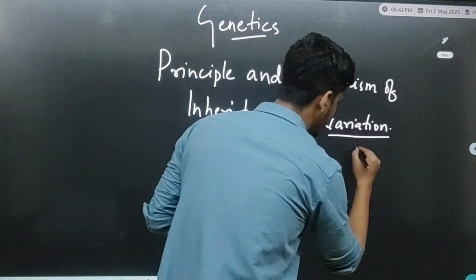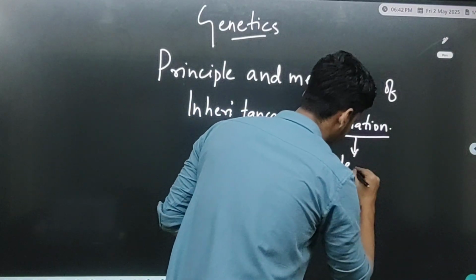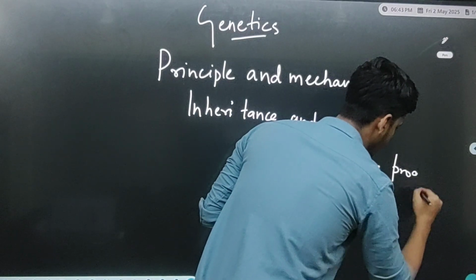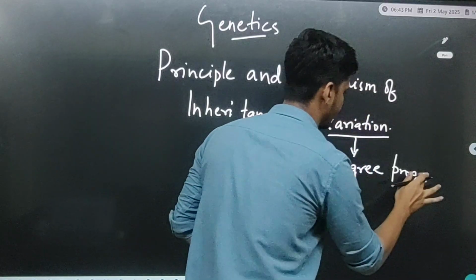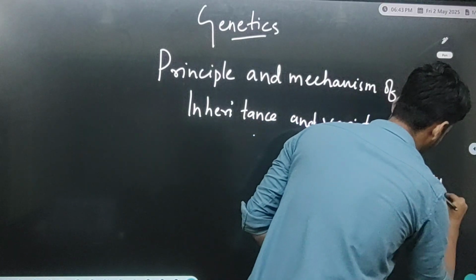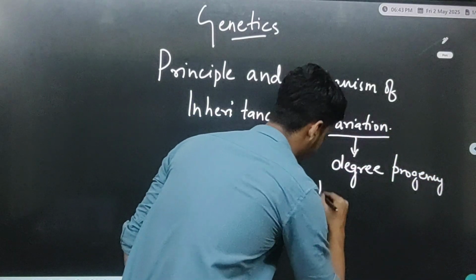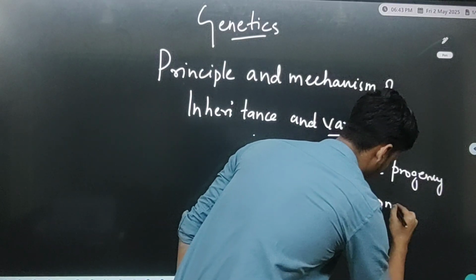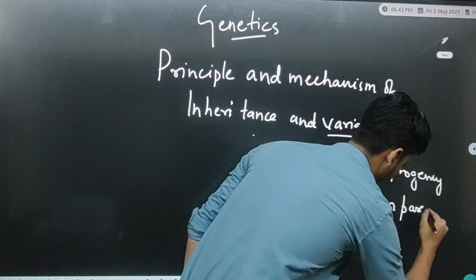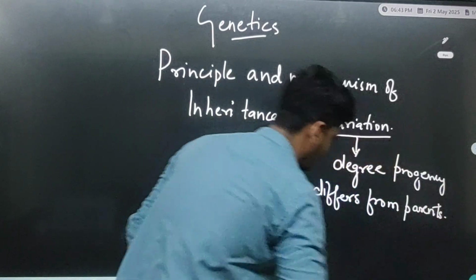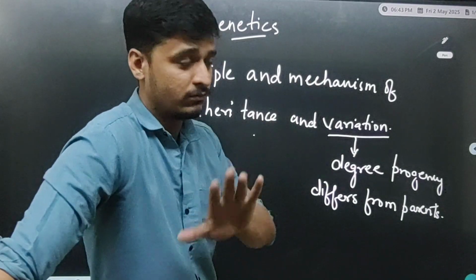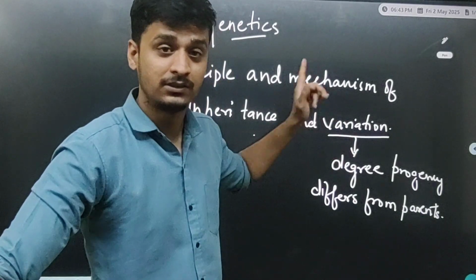Okay, so variation is the degree by which progeny differs from their parent. And this variation, I think you know, is due to cell division.